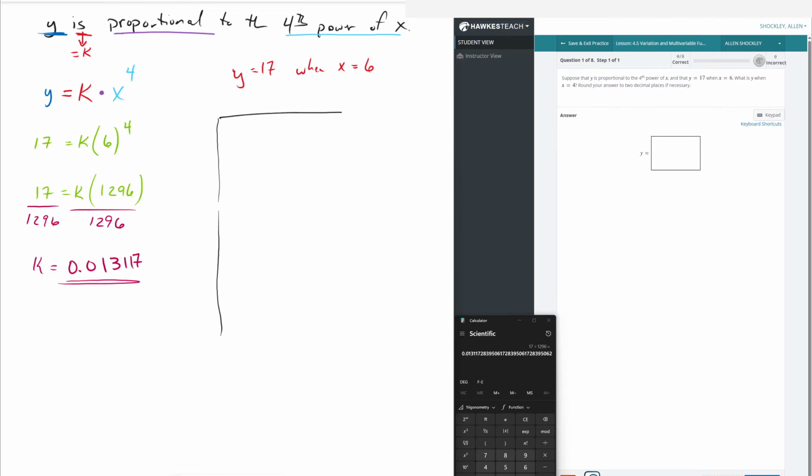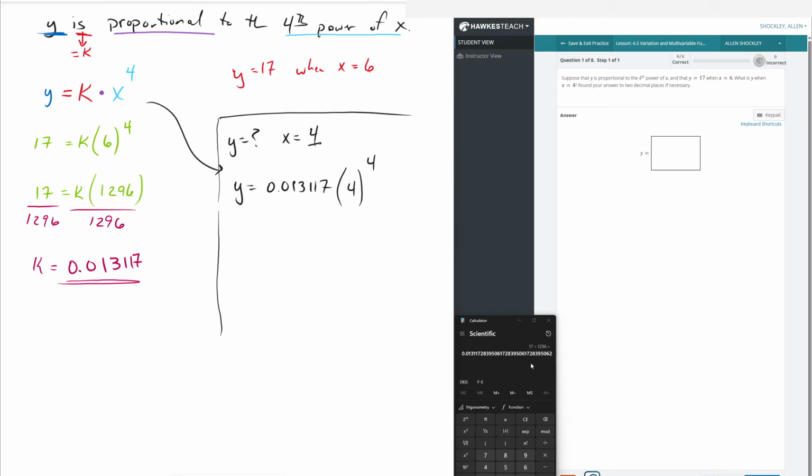Speaking of all of these, you're going to run twice. So let's figure out what numbers I need to use the second time. For us, they tell us that we don't know what y is, but we do know that x is 4. So we're going to use this exact same equation a second time. And we're going to say that y equals our k value, 0.0131117, times my x value, which in this case is 4 to the power of 4.